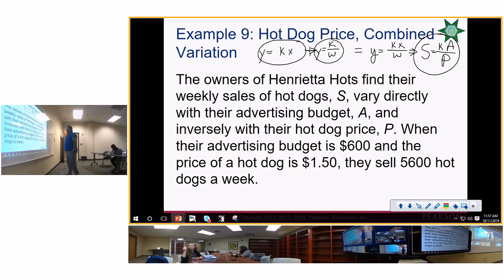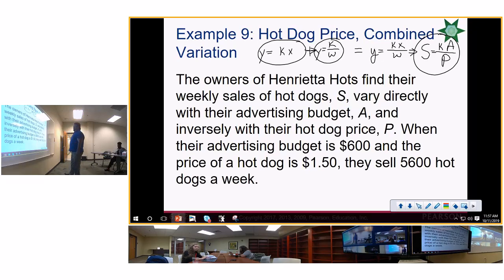Now, what do they give you? The advertising budget, A, varies directly with it, is 600, and the price of a hot dog, which is P, is 150. They sell 5,600 hot dogs a week.